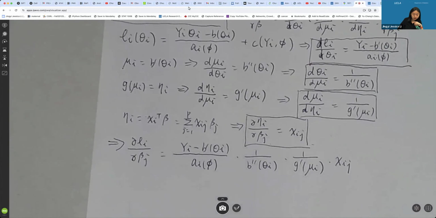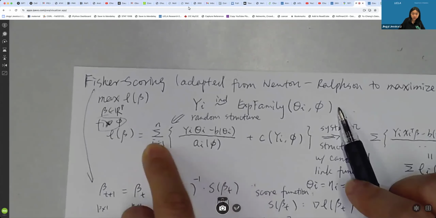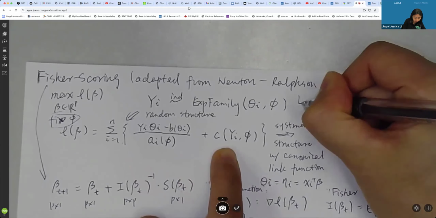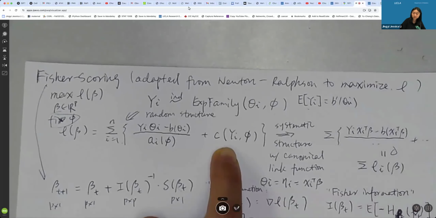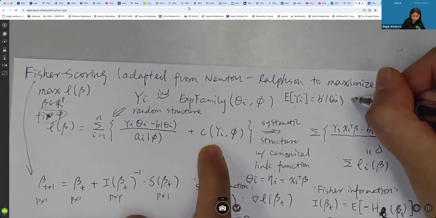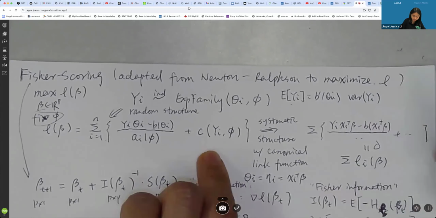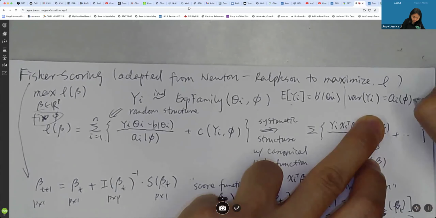This is also something we talked about when we introduced the exponential family. If we scroll back here, using this exponential family density function, in the formula we gave you, we have the expectation of yi as b prime theta i. This is what we just used. We also gave you the variance formula. The variance of yi, if you check the notes, is ai phi times b double prime theta i.